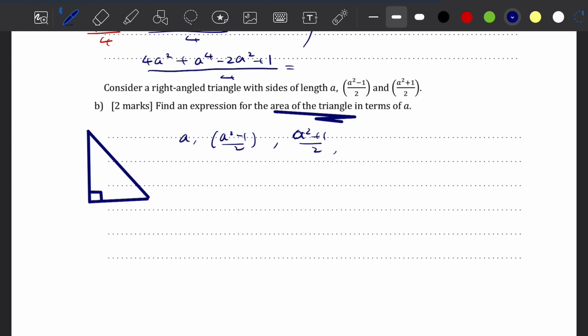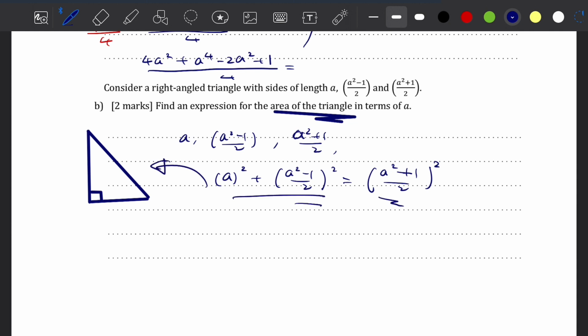So the first step is figuring out which side is which, right? From part a, we know that a squared plus ((a squared minus 1) over 2) squared is equal to ((a squared plus 1) over 2) squared. This is something we already proved in part a. Applying this statement to the right triangle, it is very similar to a squared plus b squared equals c squared, the Pythagorean theorem.